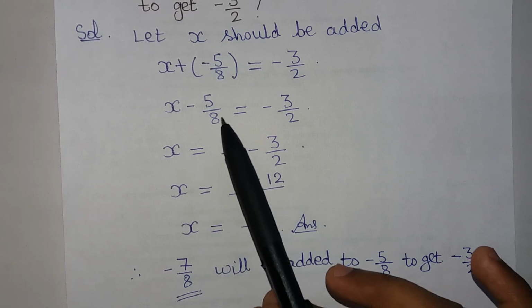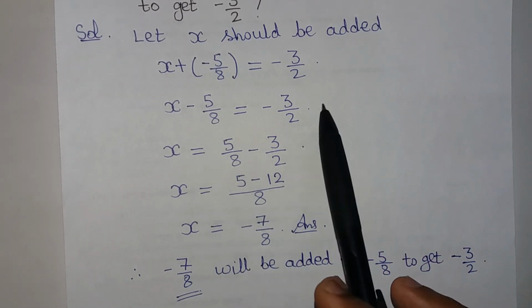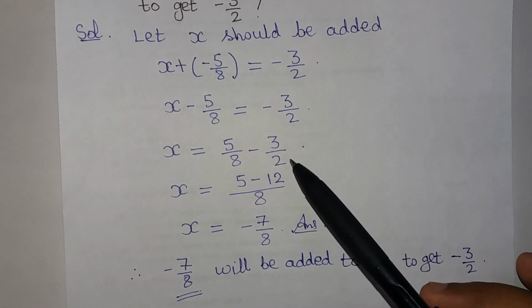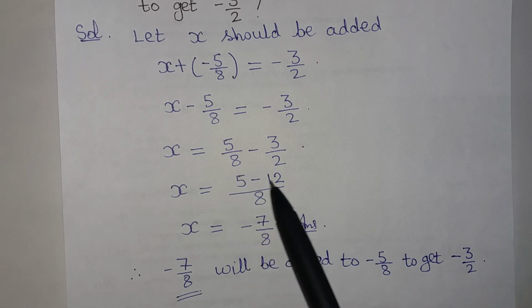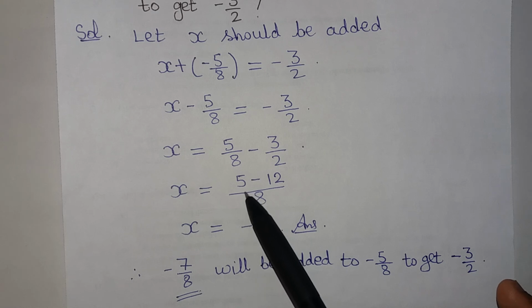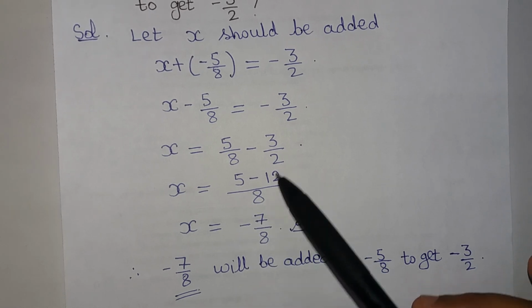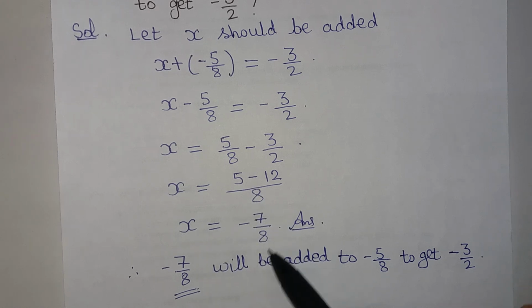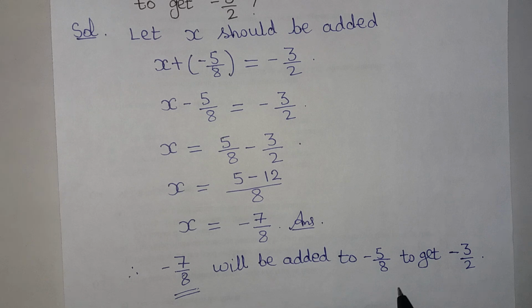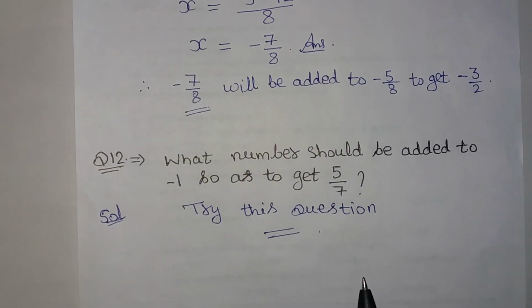So x equals, this minus 5 upon 8 will become plus 5 upon 8, and minus 3 upon 2. So x equals, by taking the LCM of 8 and 2, the LCM will be 8. So 8 divided by 2 is 4, and 4 into 3 will be 12. So the value of x will be minus 7 upon 8. So we can say that minus 7 upon 8 will be added to minus 5 upon 8 to get minus 3 upon 2. After this, see question number 12.